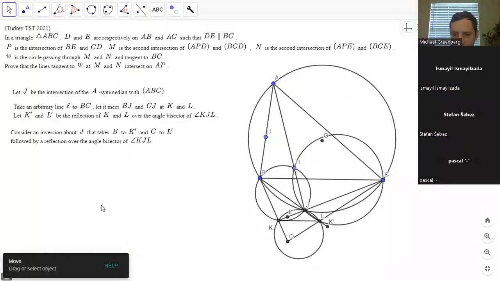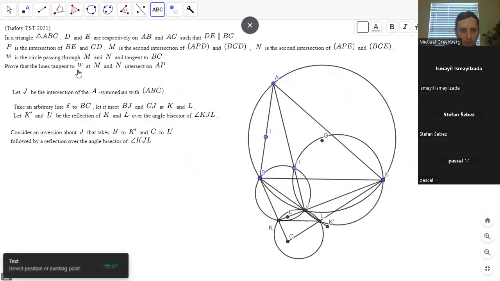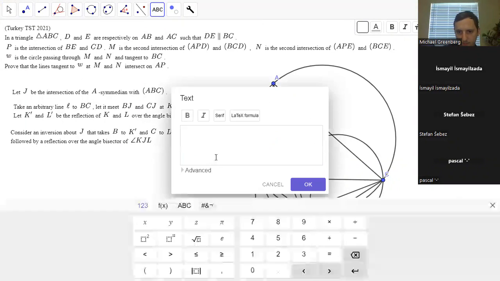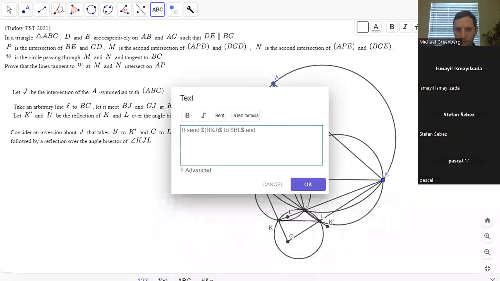Line BKJ gets mapped to line BL, and CKJ to CK.